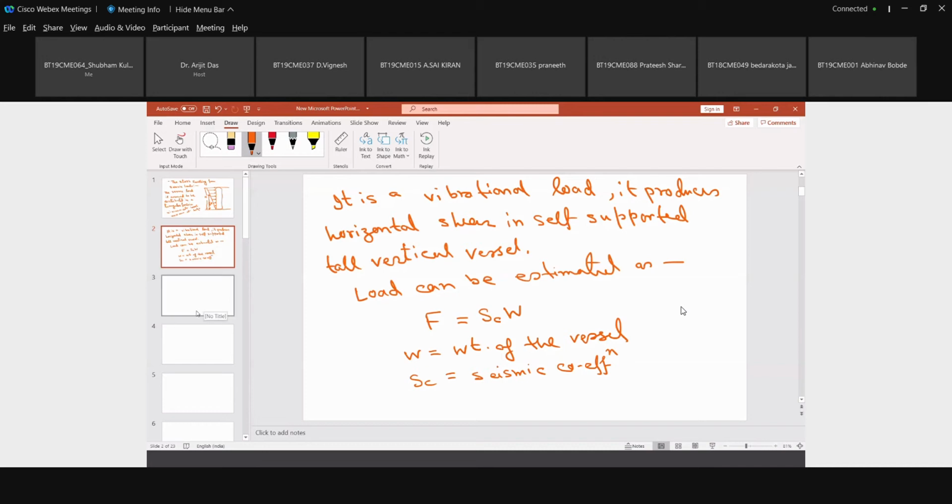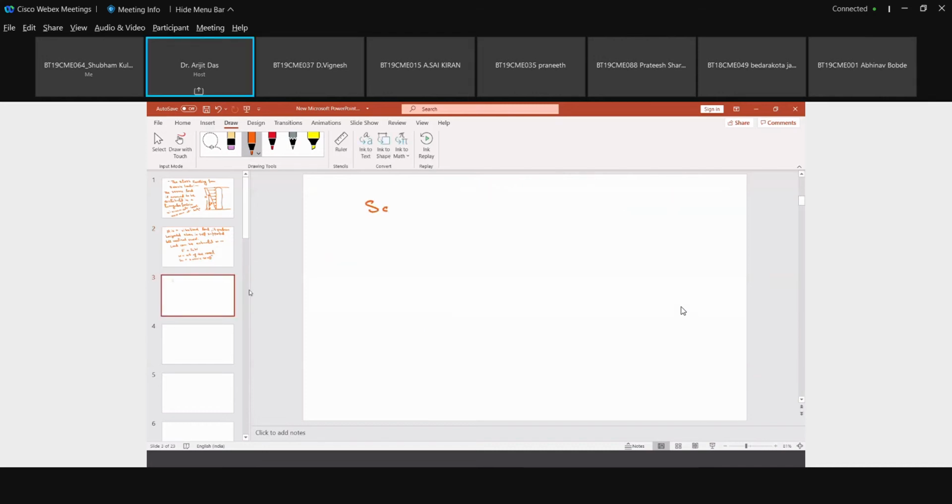Now, this seismic coefficient is a function of intensity, how fast it is vibrating, and the period of vibration, the time of vibration.